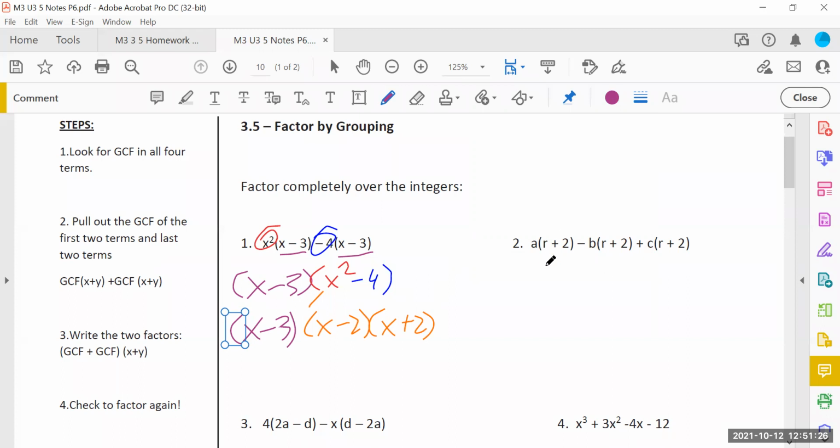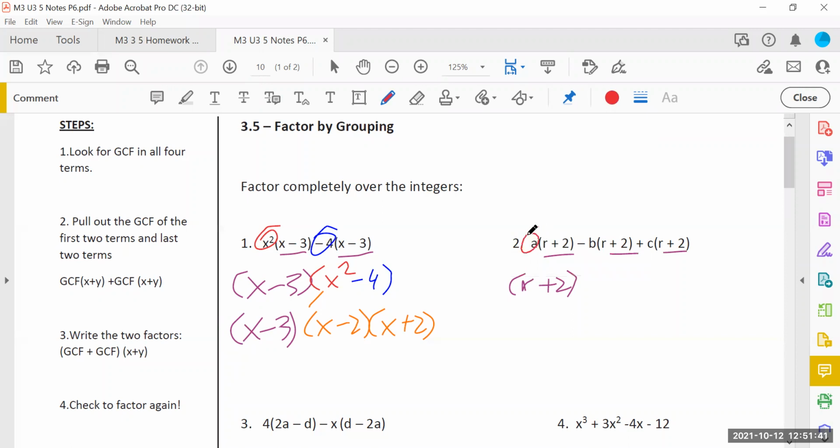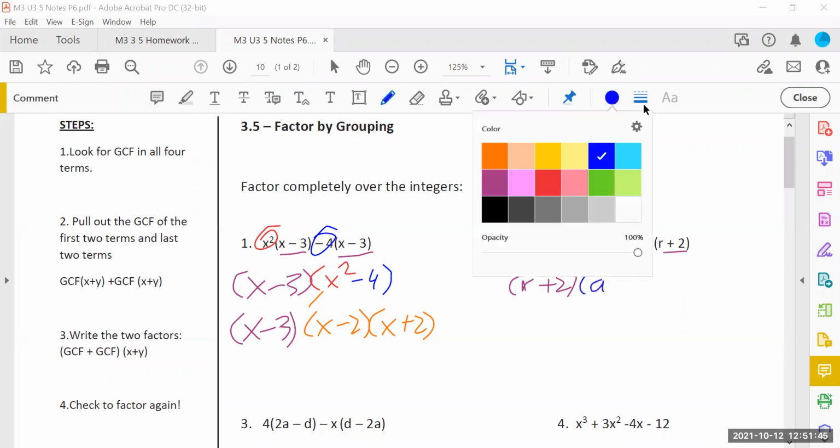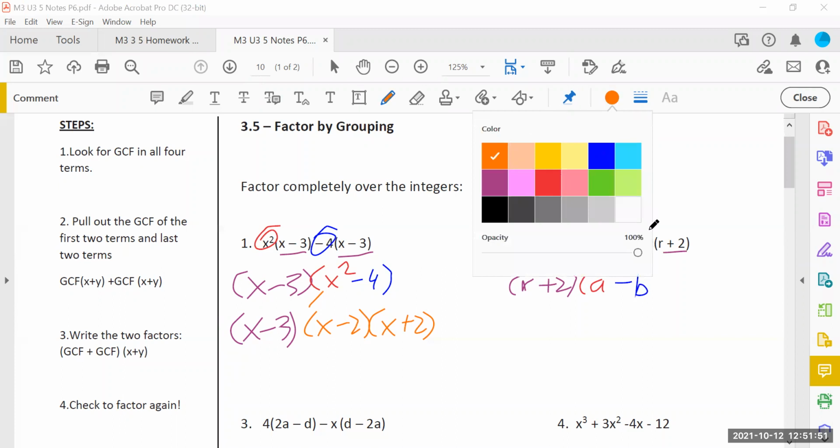So the next one, do we all see r plus 2, r plus 2, r plus 2? The same thing happening 1, 2, 3 times. So what I'm going to say is, okay, r plus 2 is multiplied by a and negative b and c.